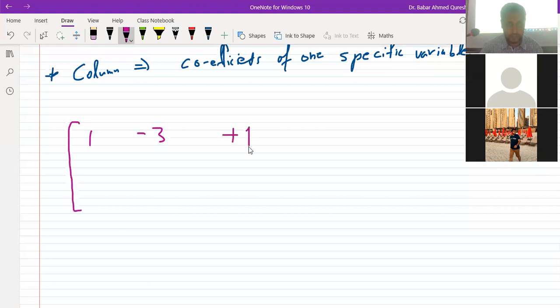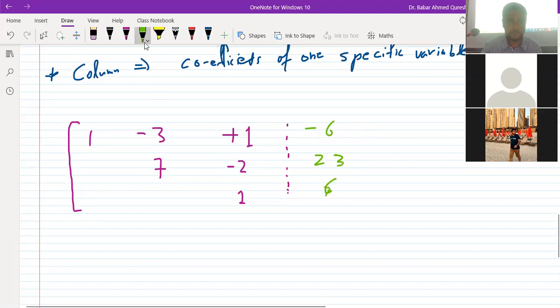My triangular system, which I had gotten, looked like this. And over here, I had zeros.